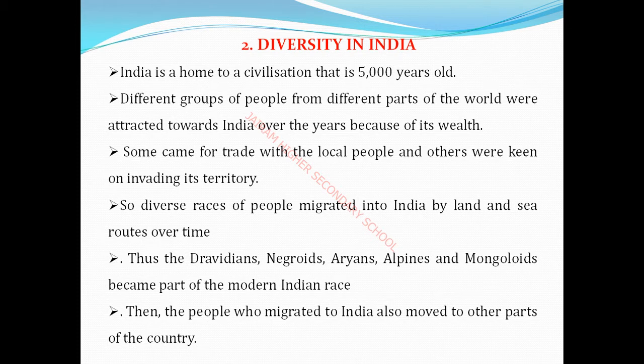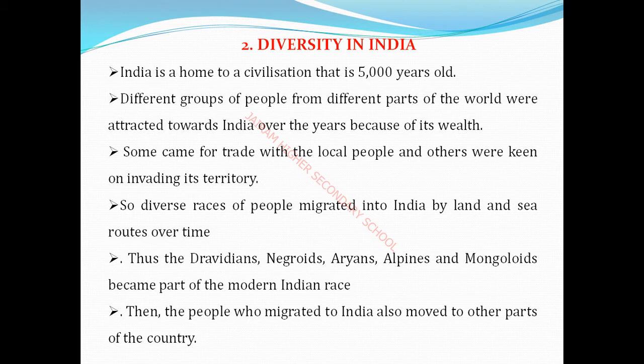They were attracted towards India because of its wealth, children. The abundance of natural resources attracted the people of different parts of the world, and they started to come and settle in our nation.